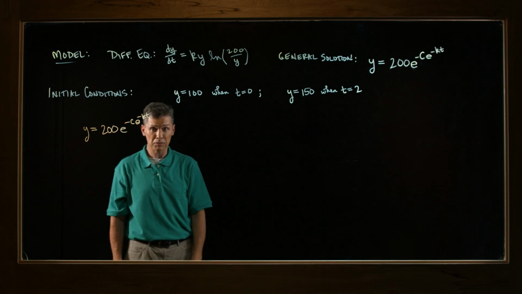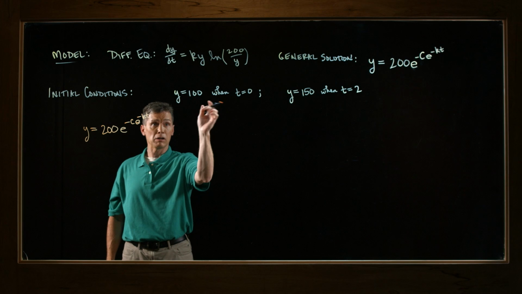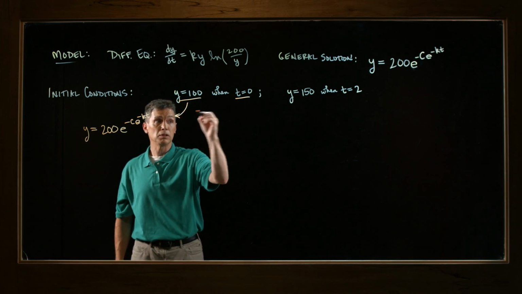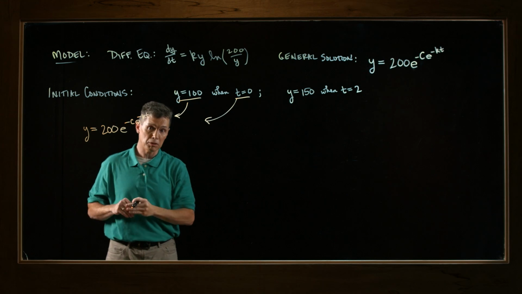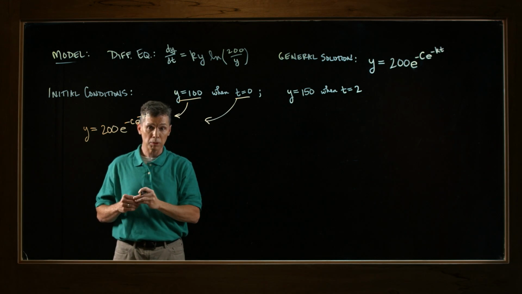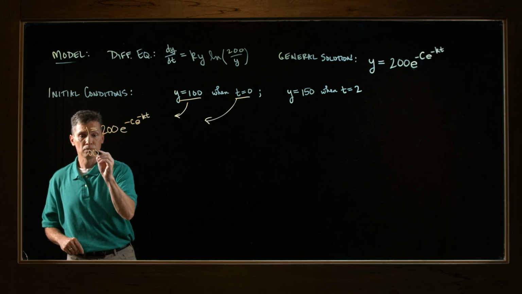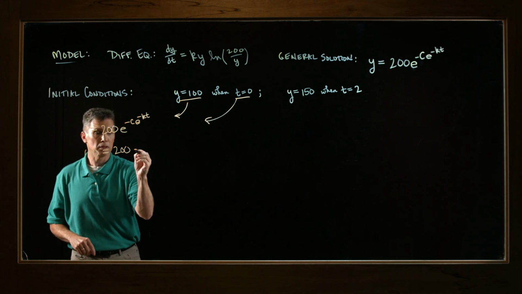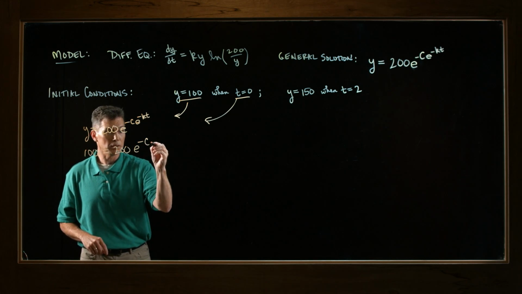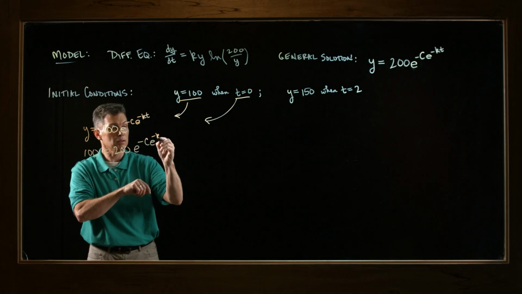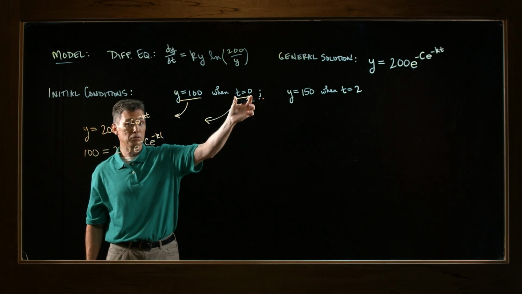But the basic mechanics I mentioned is now we just take our y equals 100, our t equals 0, plug those into this general solution, and we'll find one of those parameters. So my y is 100 equals 200 e to the minus c times e raised to the minus k times the specific value of t of 0.